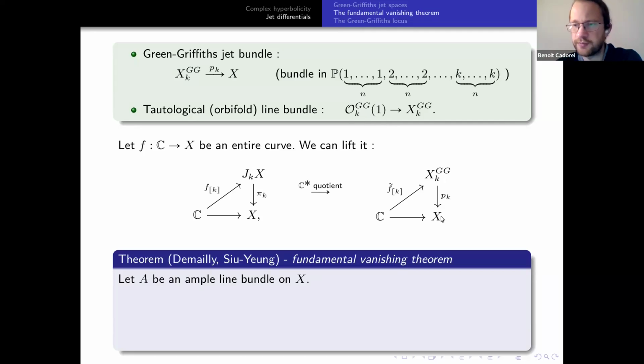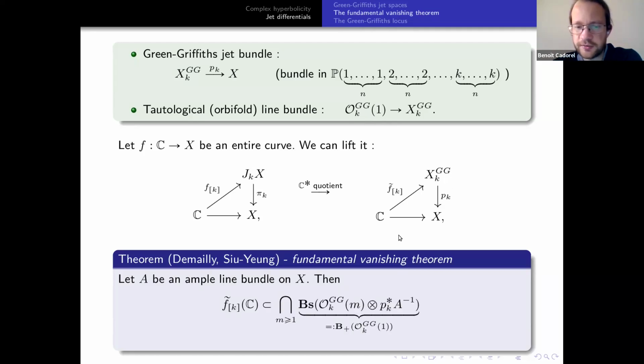And what the theorem tells you is that the image of this lift inside X_k Green-Griffith lands, so sorry, I wrote the formula in one block here. So what you have here is what we usually call the augmented base locus of this tautological line bundle. So what you have to do is you look at the powers of this tautological line bundle.